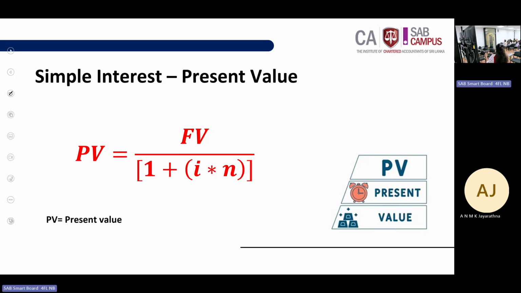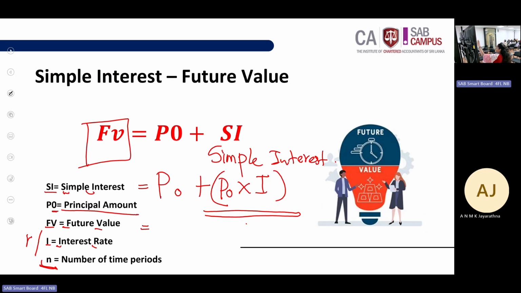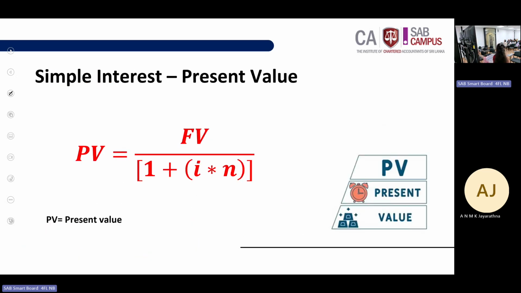This is again what we are doing. We have used the basic formula here. What we are trying to do is isolate the PV from the basic formula. Very simple. You have been given the future value after 10 years, the number of years, and the interest rate.